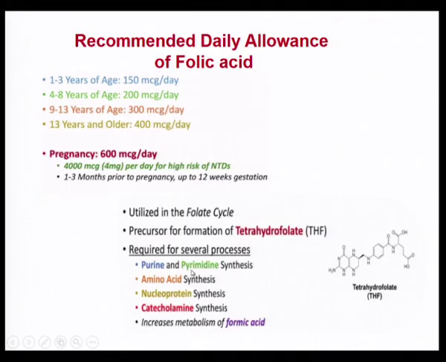Now, you look here at how folic acid basically is utilized in different processes. So, you see folic acid is normally utilized in the folate cycle. You are going to see that shortly, and folic acid is actually a precursor compound, the real active compound being tetrahydrofolate or tetrahydrofolic acid.